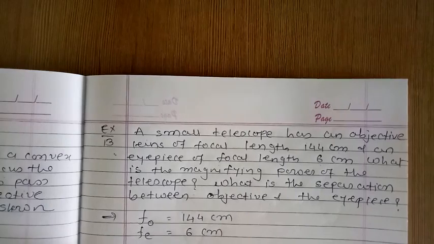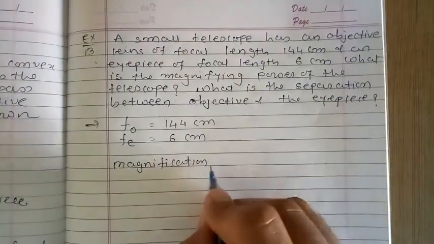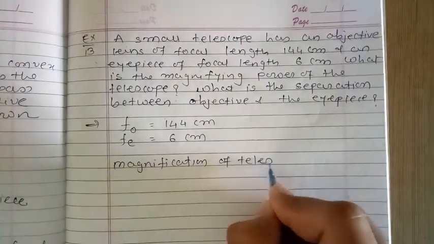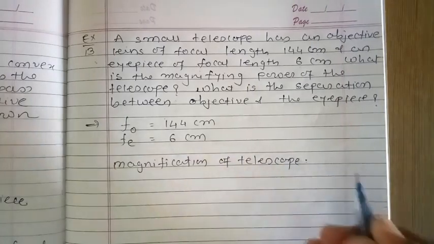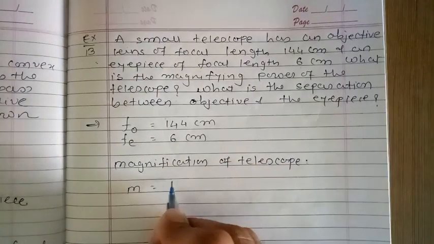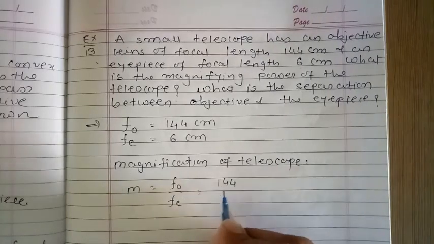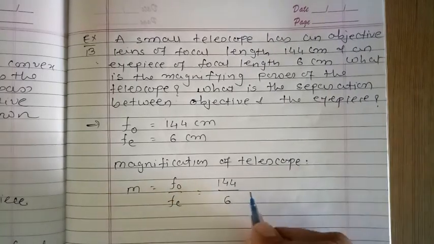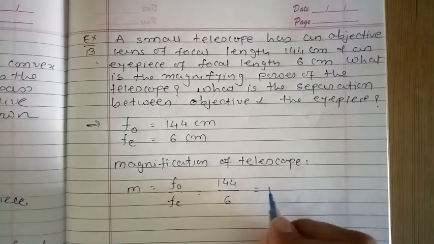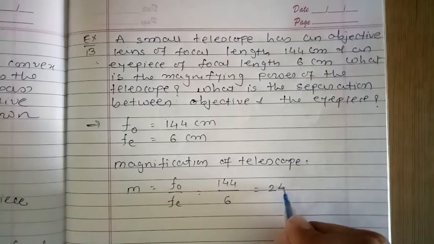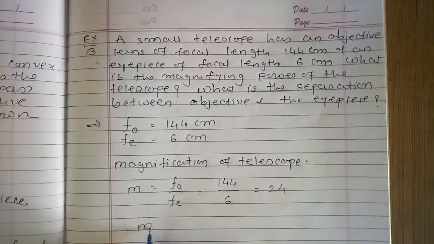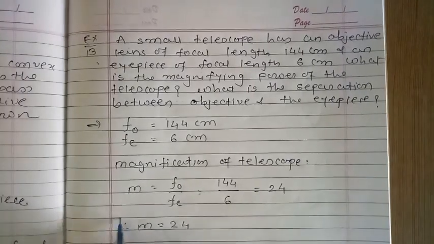Now the magnification of the telescope. We know the formula of magnification: M is equal to FO upon FE. Value of FO 144, value of FE 6. So we get 24. So magnification M is equal to 24.